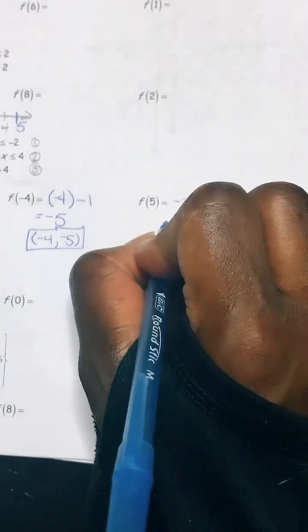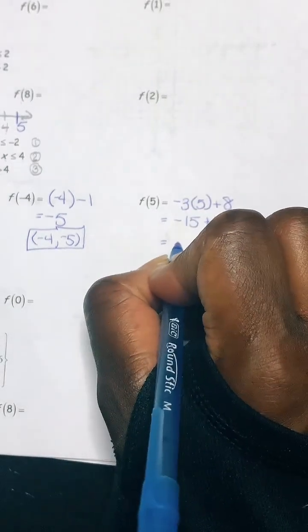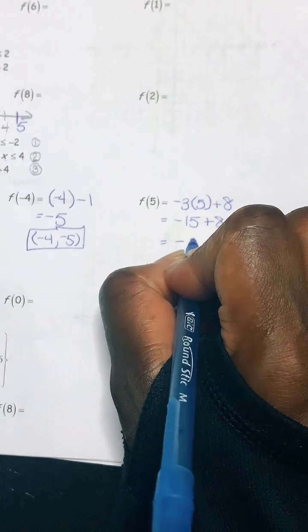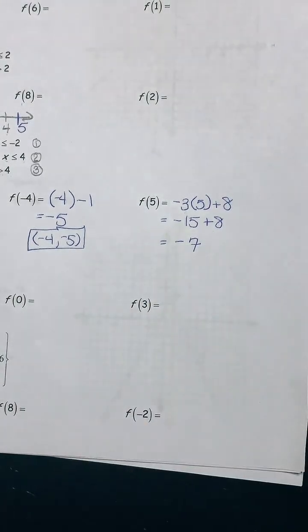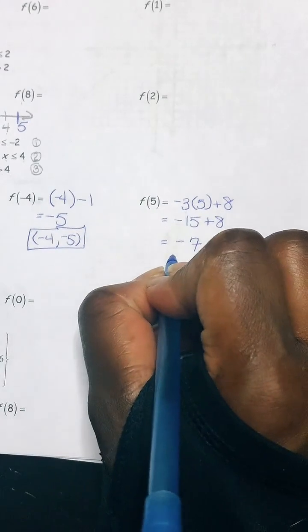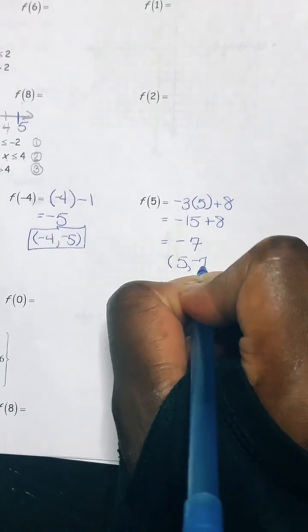Okay. And then -15 plus 8 gives me a -7. Good, Leanne. Get rid of that question mark. Yes. So that means the ordered pair will be 5, -7.